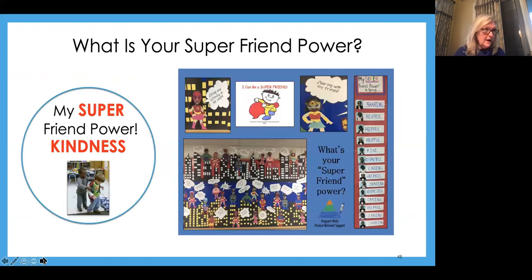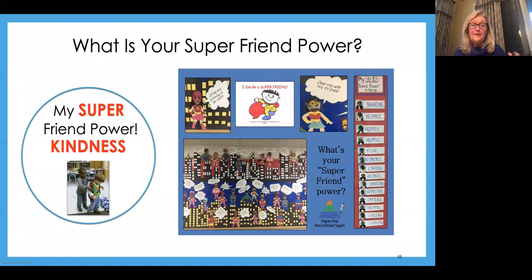A lot of people use the super friend idea in classrooms, but I love what this particular teacher did. She had the children think about, what's your super friend power, and look at the things they came up with. I'm helpful, I'm respectful, I'm caring, I'm kind. And then she made little buttons for the kids.